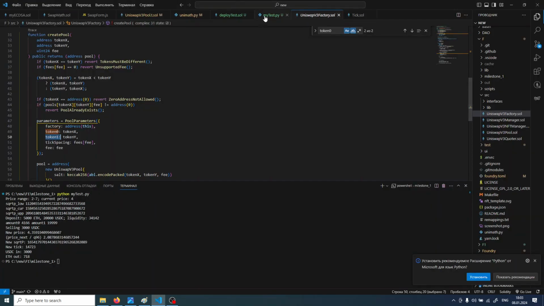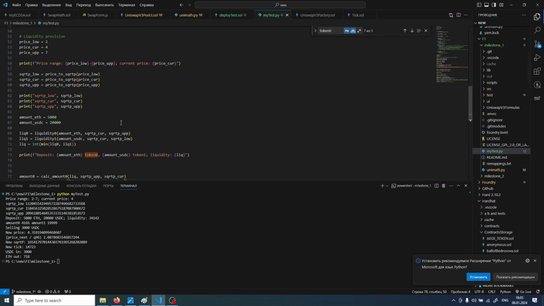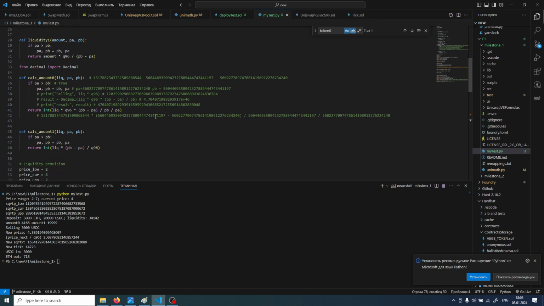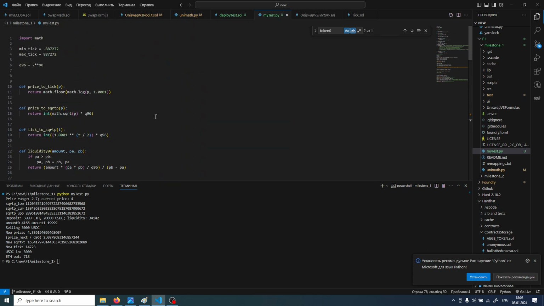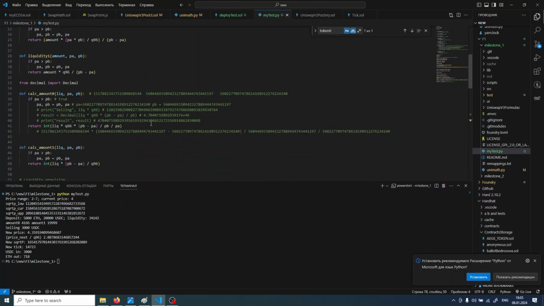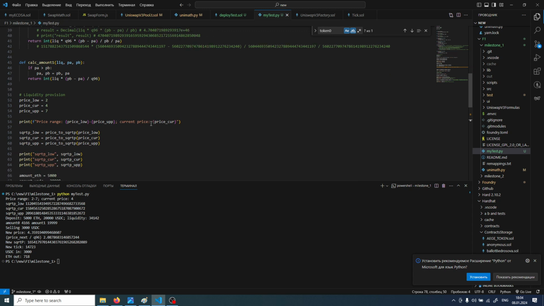Okay, so we have a test from the Uniswap book. It's a test from Ivan Kuznetsov, and he does this in Python. So I just copy his code and make some changes.